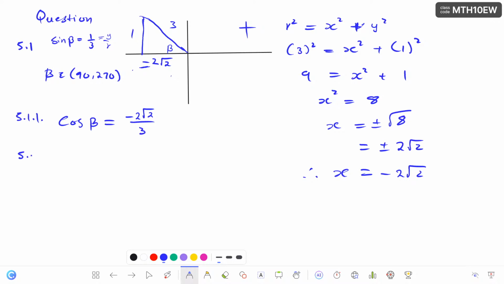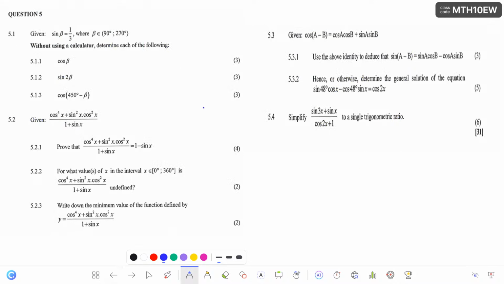You're going to get your 3 marks for doing that. They are also going to give you marks for drawing the sketch, because you can't find cos beta without drawing the sketch.